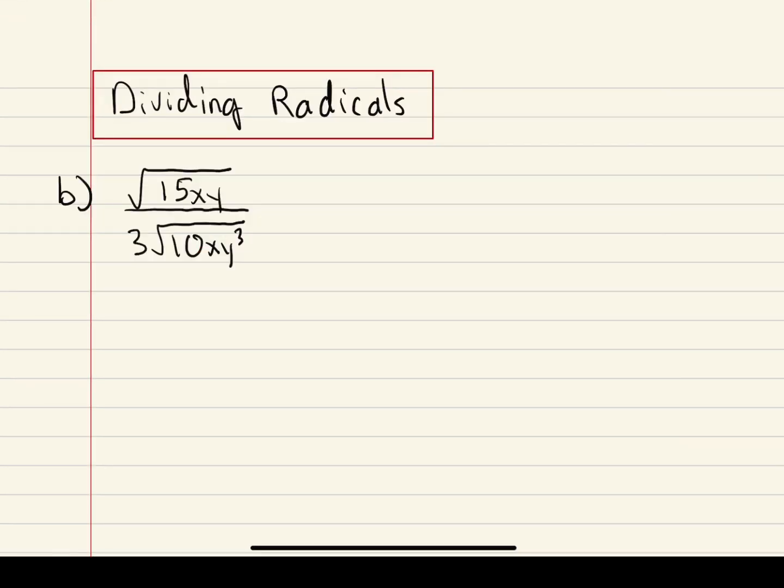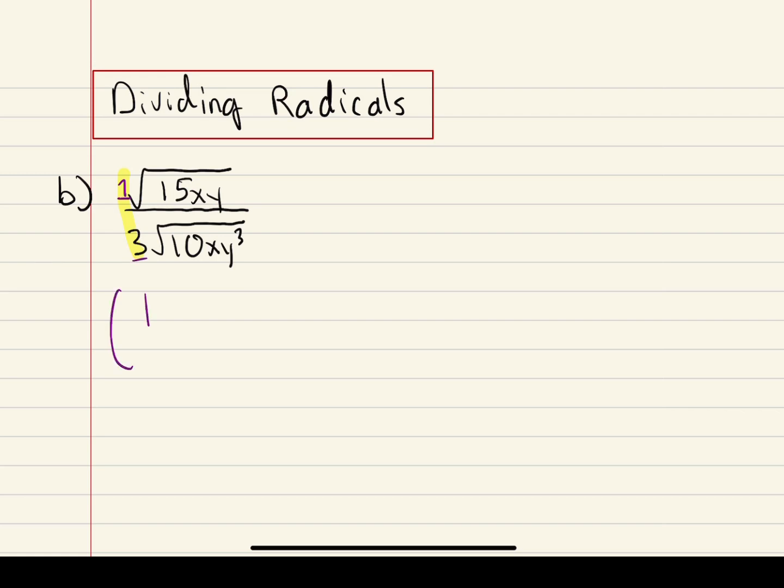Okay, so same kind of concept as the previous example, except this time we have variables, but we're going to approach it the same way. So the first thing we're going to do is separate the coefficients from the radicals. So this here, again, just like in the previous example, if there's nothing listed, this is going to have a coefficient of 1, and that's 3.